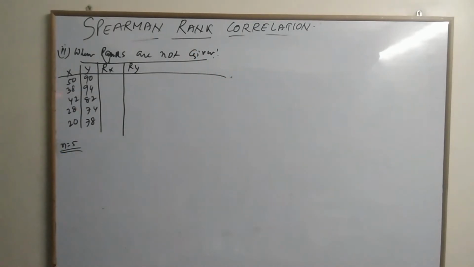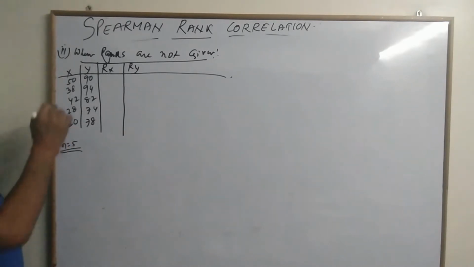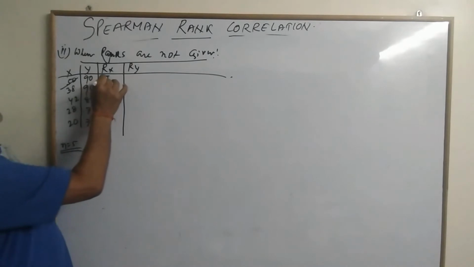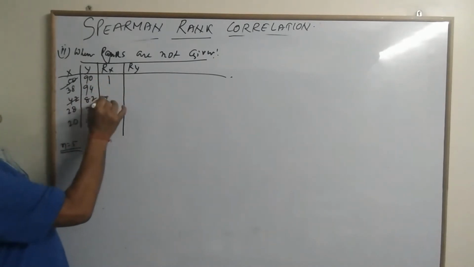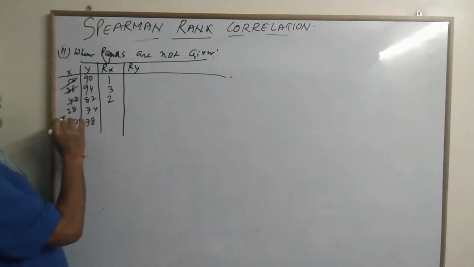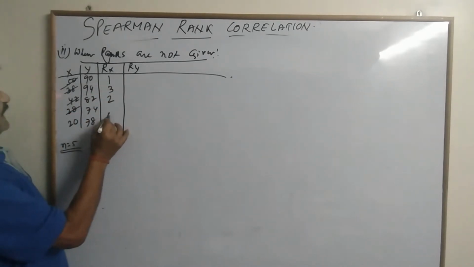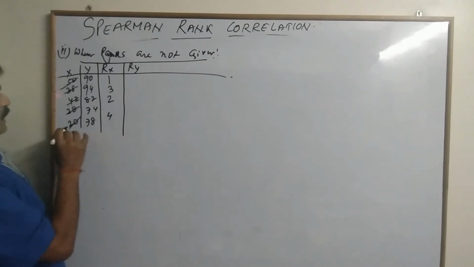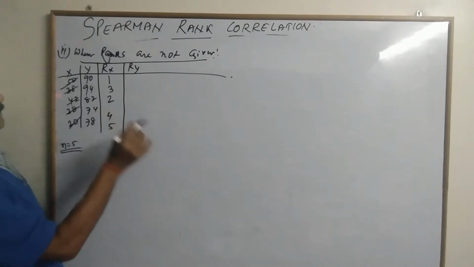While assigning ranks, the largest number gets the rank 1. So 50, rank 1, 42, rank 2, 38, rank 3, 28, rank 4, and the smallest, 20, rank 5.